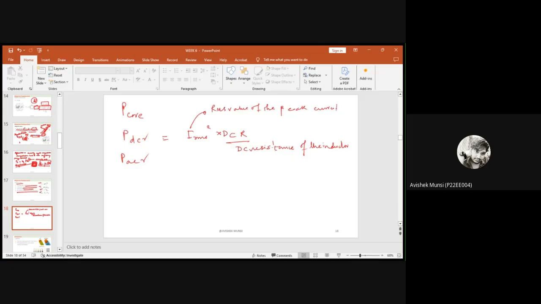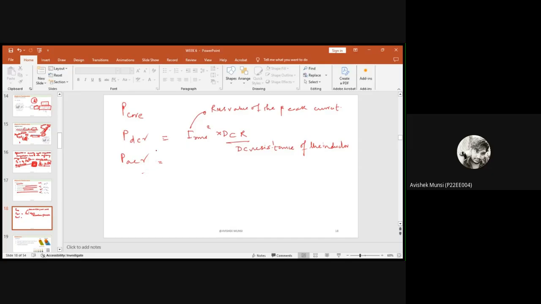Another type of loss is the AC resistance loss, and the wire loss caused by AC resistance is more difficult to calculate, as AC winding resistance values are not always available from the magnetics. If you are buying a core from any magnetics company, they often do not give you the value of the AC resistance.